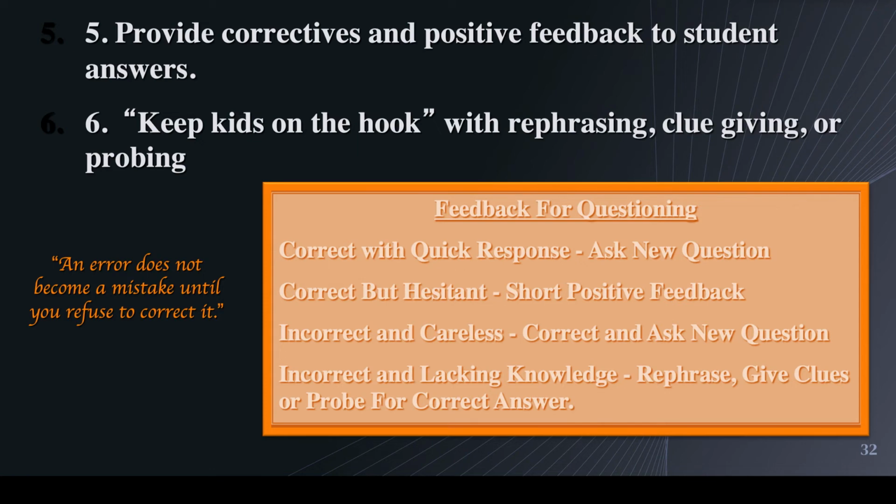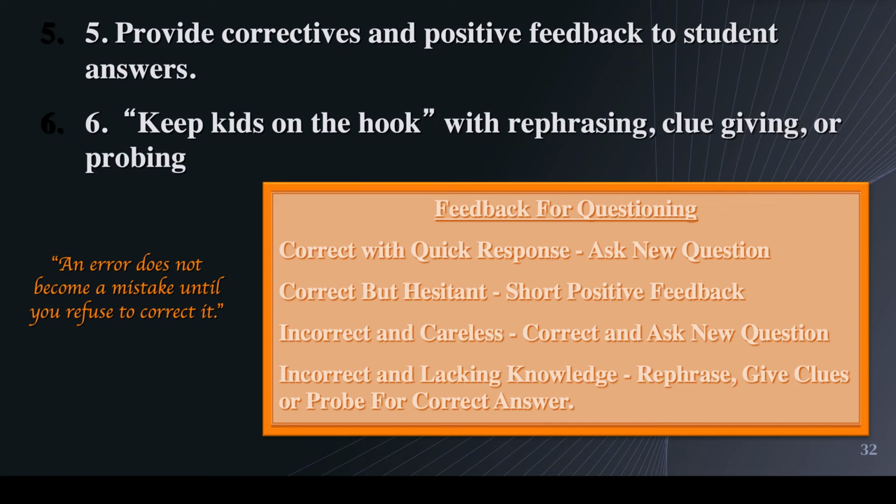But if a kid answers the question quickly and correctly, I'd just move on and ask a new question. If he's having to think and if he's hesitant about the question, then give him some short positive feedback and move on. If it's incorrect and simply careless, you know that he knows it, you correct it and ask him a new question.